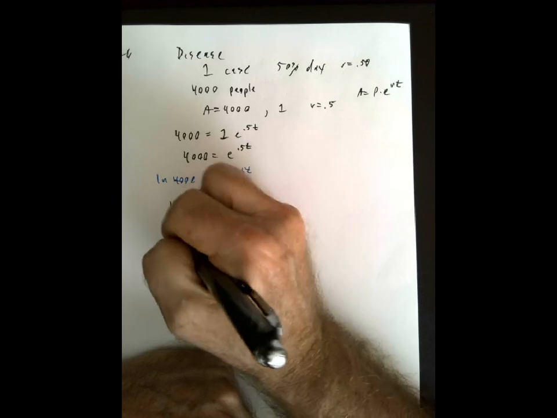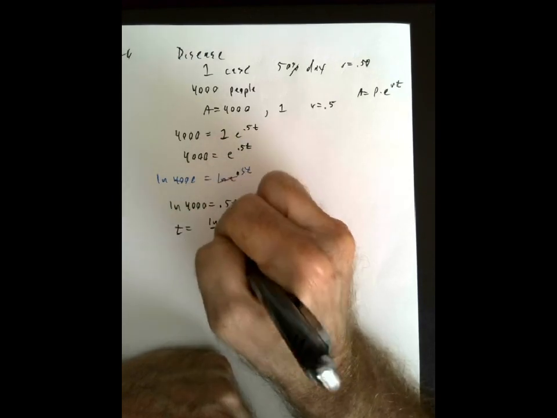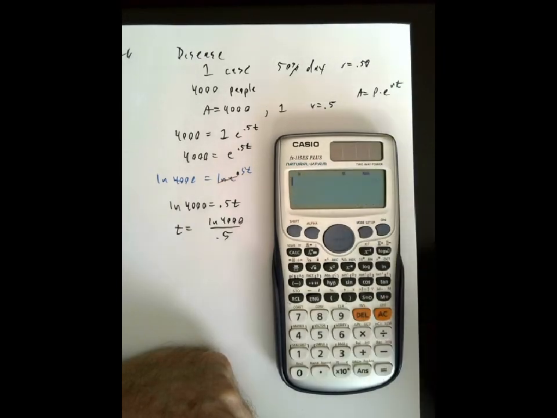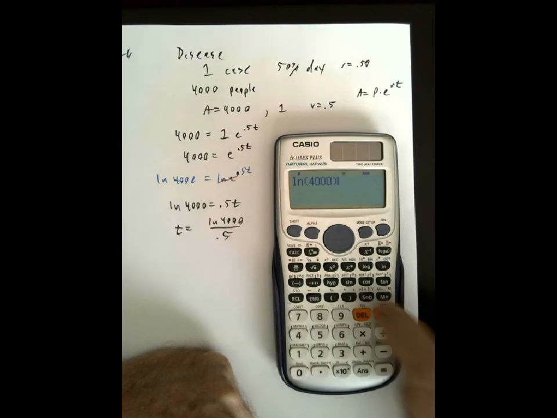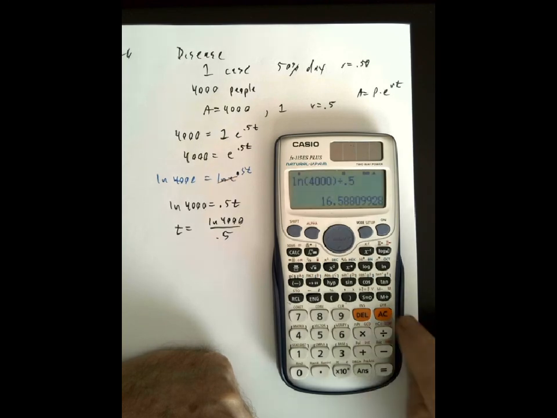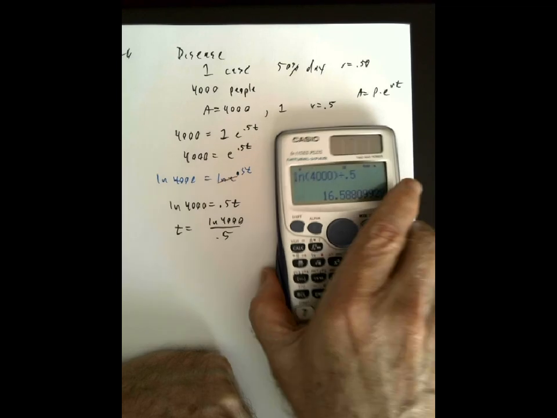So t is equal to ln 4,000 divided by 0.5. ln 4,000 divided by 0.5, that is 16.58.